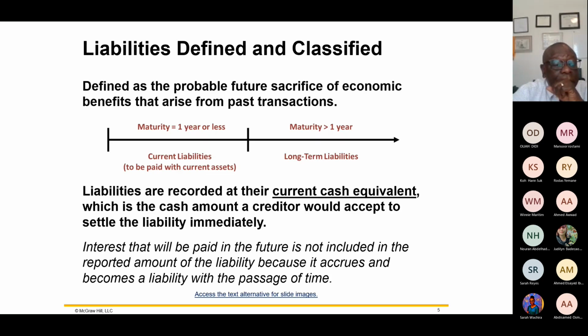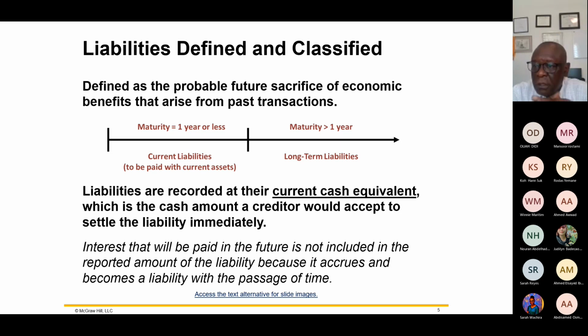A question may be asked on the definition of short-term liabilities. Who can help us with that? If I ask you a true or false question: short-term liability is an obligation that is payable at the end of the balance sheet period.